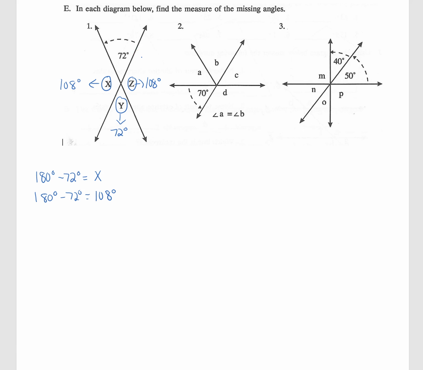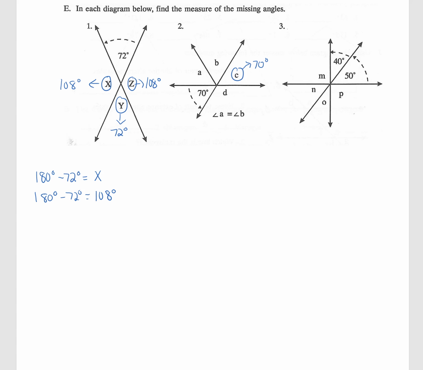So moving on to question 2, in this case we can also use our opposite angle rule. So angle C is opposite to this angle with a measure of 70 degrees, because these two straight lines are intersecting. So we can say that C has a measure of 70 degrees.